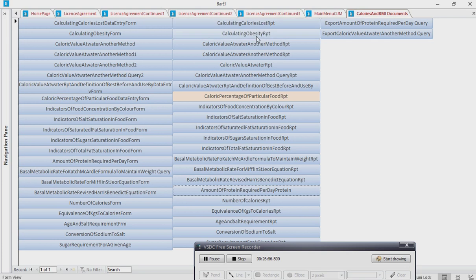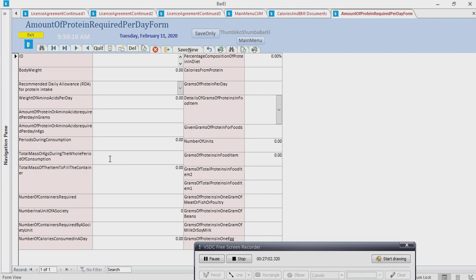Let us see how to calculate the proteins. Let us see how to calculate the amount of proteins required in a day and for the whole year.